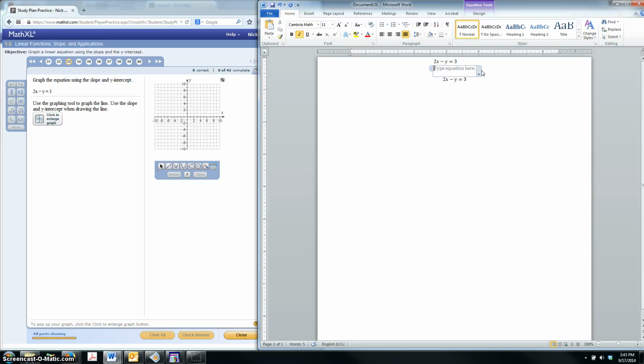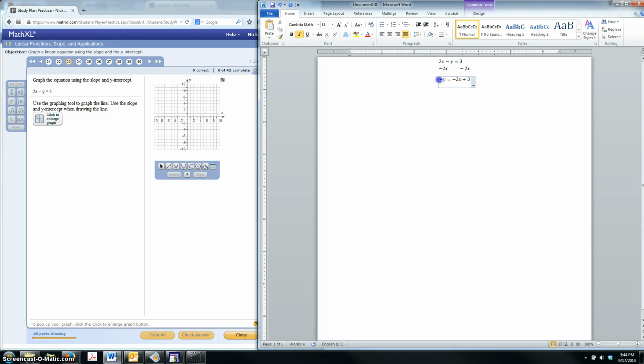I'll put a minus 2x over here, and a minus 2x over here. These are going to cancel out, and what's going to be left is just negative y, and then that minus 2x is over here, and this becomes a plus 3, right?